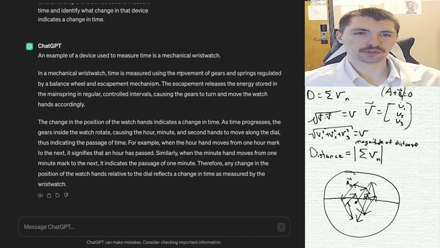Time is measured using the movement of gears and springs, regulated by a balance wheel and escapement mechanism. So we release potential energy stored in the main spring.